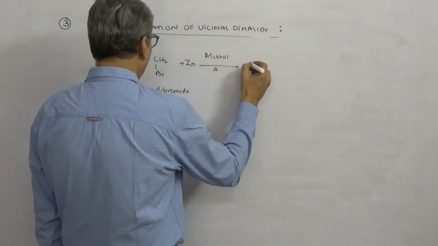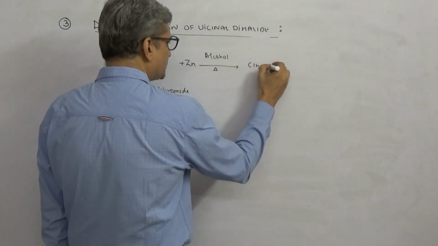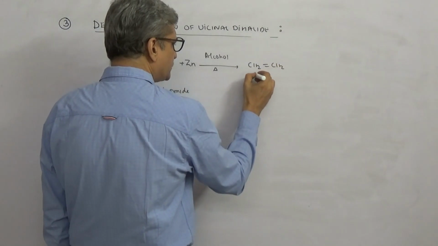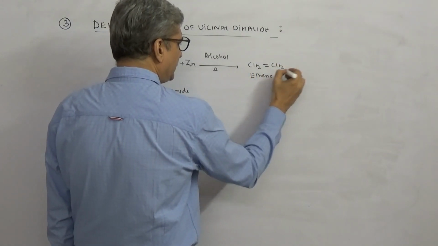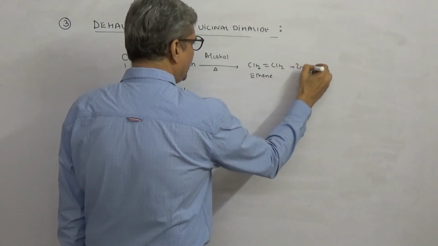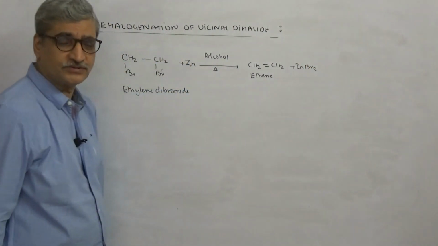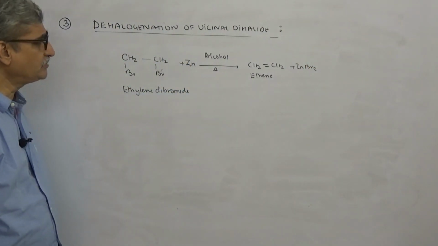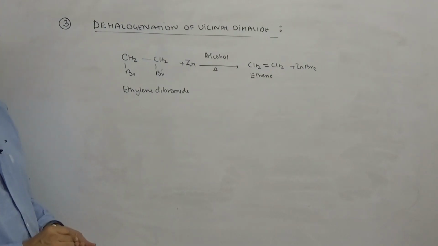We are going to have CH2=CH2, that is ethene, plus ZnBr2, zinc bromide. So this is about dehalogenation of vicinal dihalide preparation.